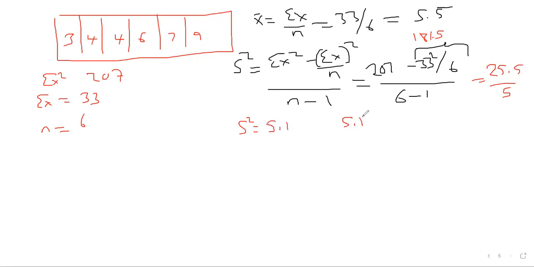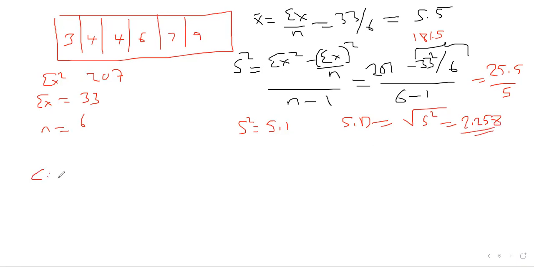Then our standard deviation is simply the square root of the variance. The square root of 5.1 gives 2.258.